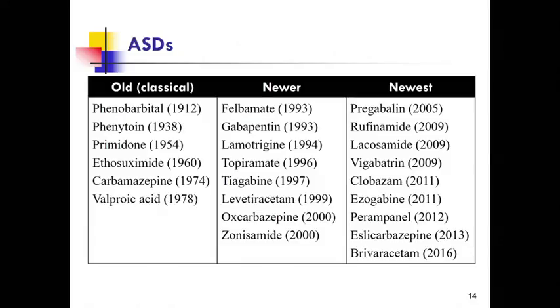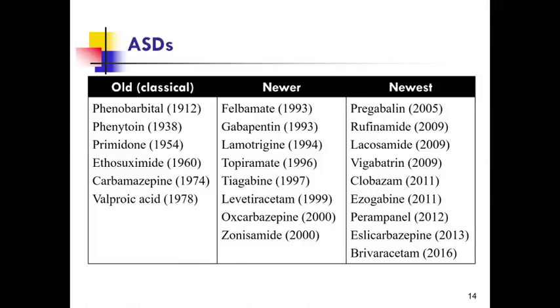Now, it will interest you to know that valproic acid was also discovered by chance when somebody was testing another anti-epileptic agent in lab animals, okay, the preclinical studies. The substance he was testing was soluble in valproic acid. Valproic acid was the solvent that he was using to dissolve the drug. But then he found that his control substance, the control solvent, was anticonvulsant when he saw the results.